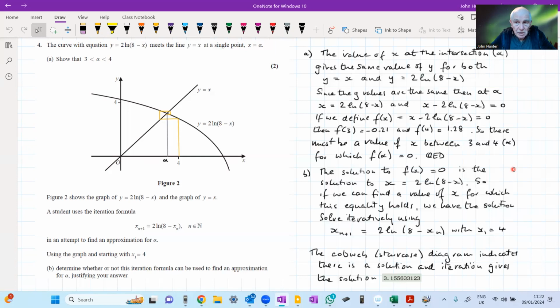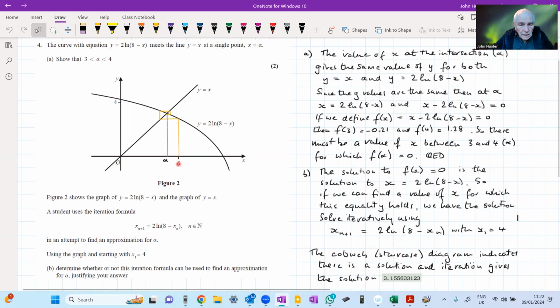It depends on your iteration formula. This iteration formula has been given to us, so there's always a decent chance it was going to work. But in other questions, you may well be required to construct an iteration formula yourself for the solution or to find the root of any particular function.